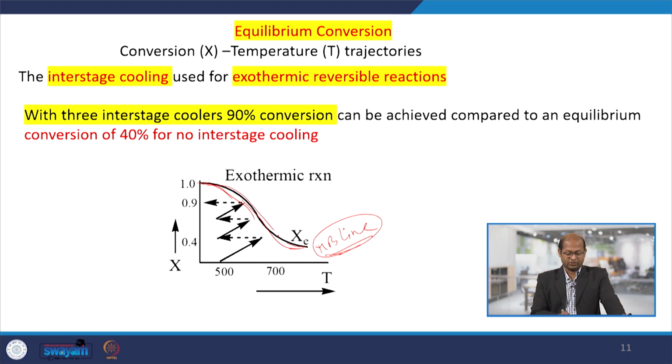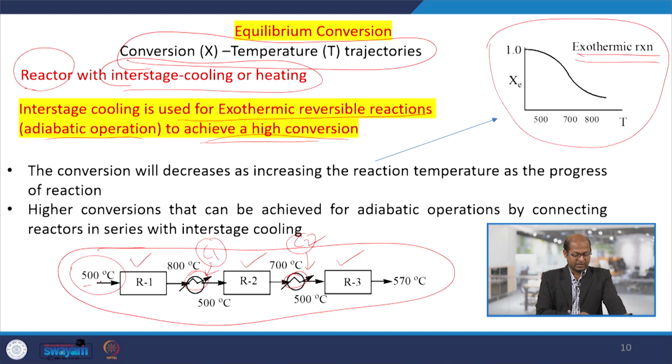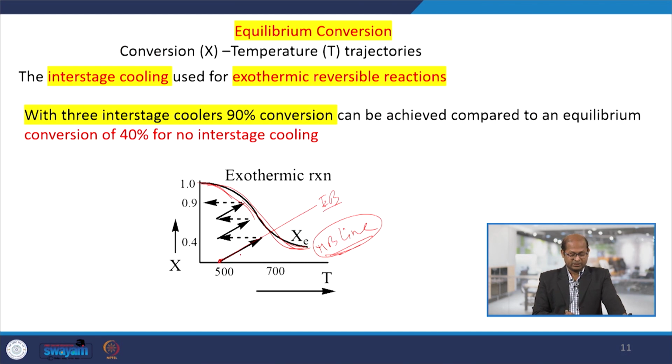Now the energy balance lines: from the energy balance equations, we have started the reaction in reactor 1 at 500 degrees centigrade.